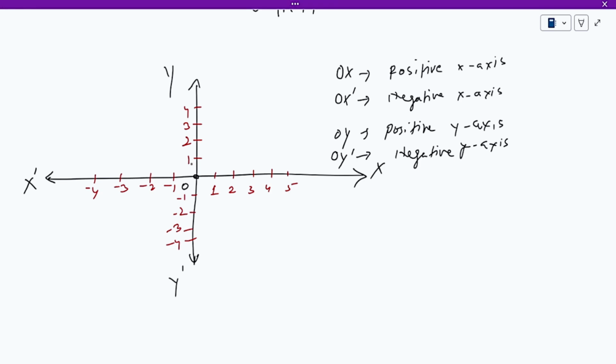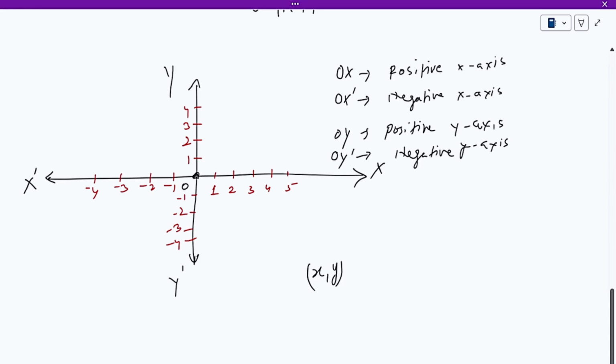One more thing, as I said, every point in this xy plane has two components. First is the x component, second is the y component, so it's a pair of numbers. So the origin is also a pair of numbers, having two components: how much distance from the x-axis, and how much distance from the y-axis.